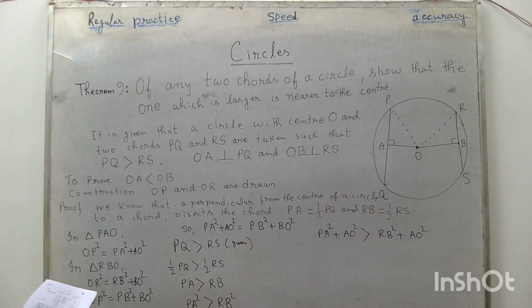PA square plus OA square is greater than RB square plus AO square. ठीक है. अब क्या करें?